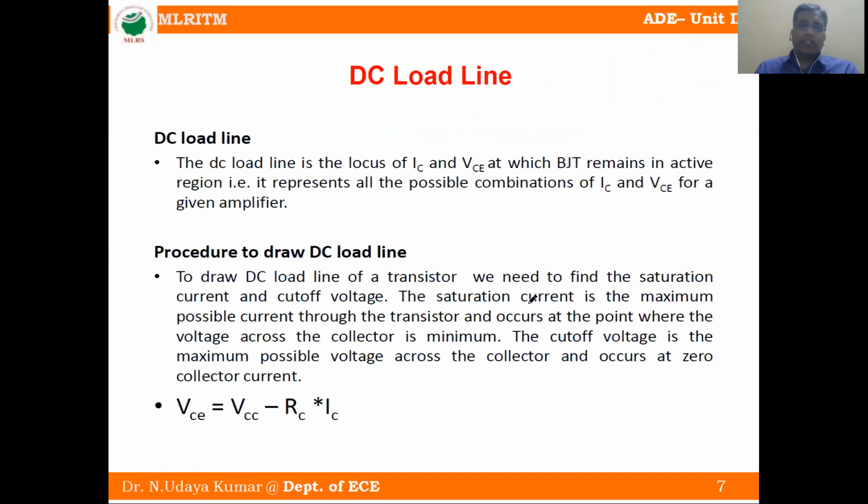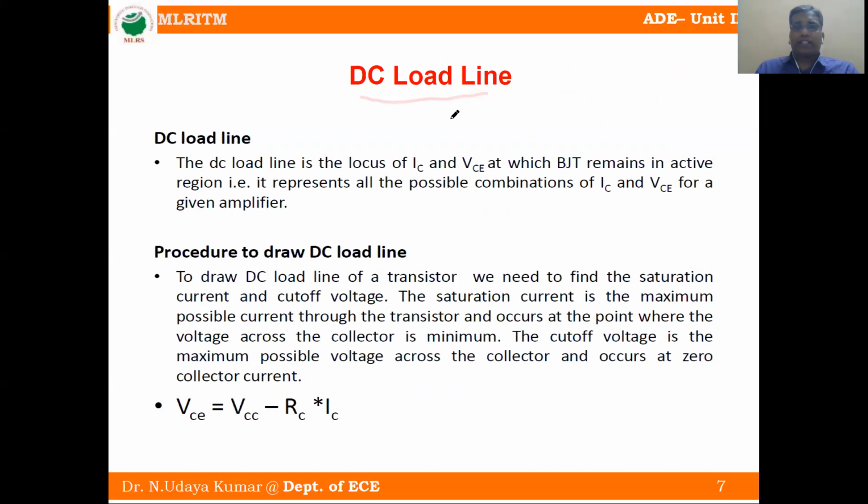In biasing, I would like to define the DC load line as well as the AC load line. What do you mean by DC load line? The DC load line is what we get whenever no AC signal is applied to a transistor and we calculate the output.